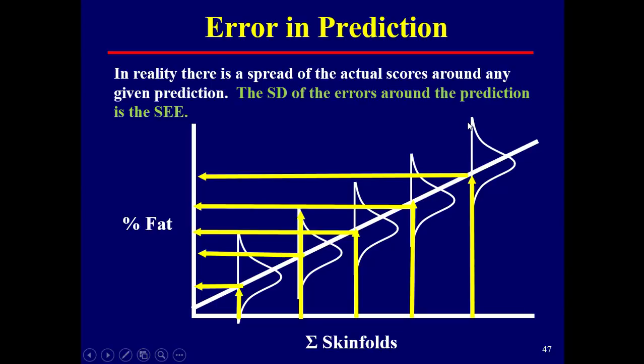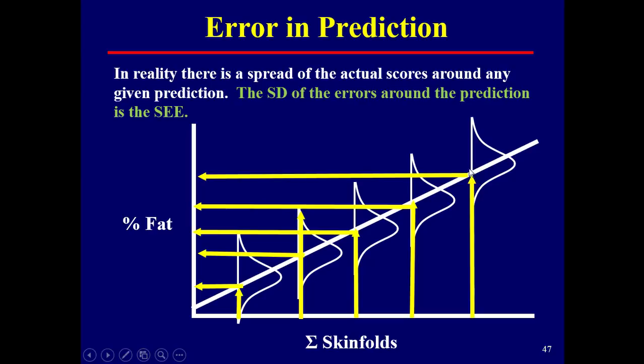But you'll notice that on either side of this, there is error. Most people whose skin fold measure is out here are going to have actual percent body fats that are right in this region here. There'll be a few people that have actual percent body fats way up here at a very high value. And there'll be a few people who have percent body fats that are way out here, a very low value relative to the prediction.